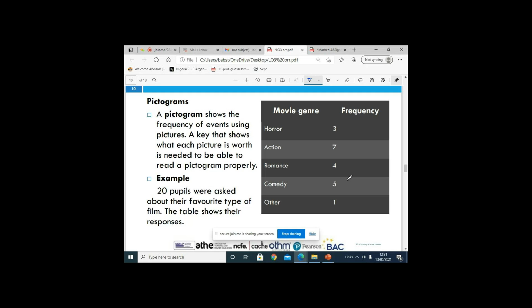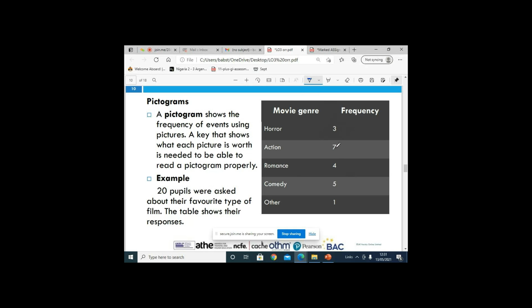For movie genre, 3 people like horror movie. For action, 7 like action. For romance, 4 like romance. Comedy, 5, and others, 1.